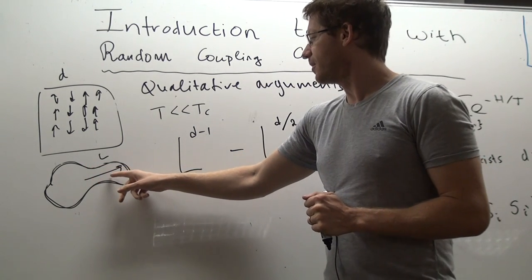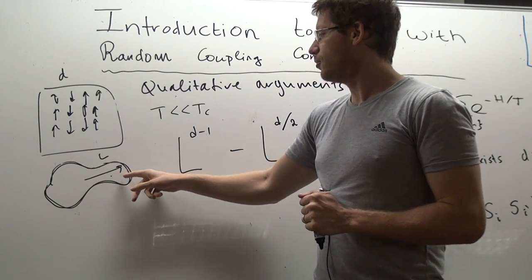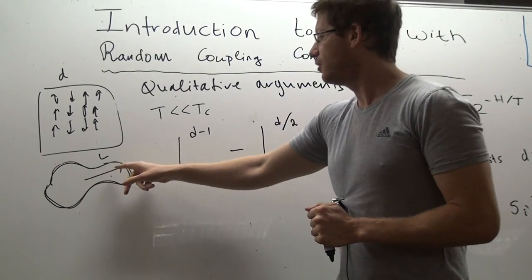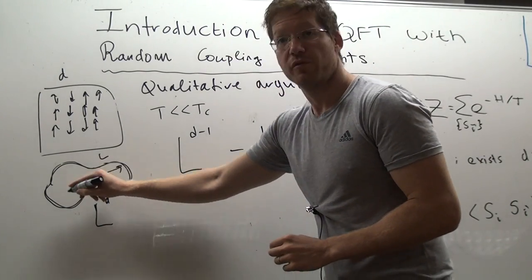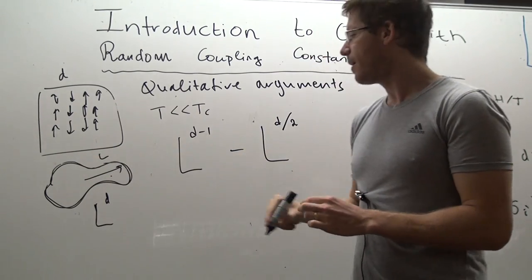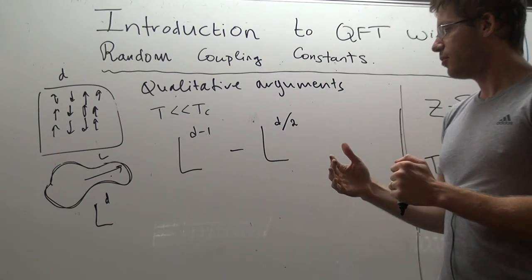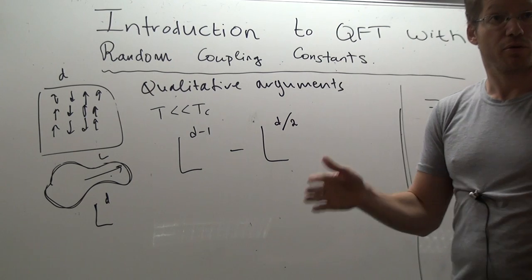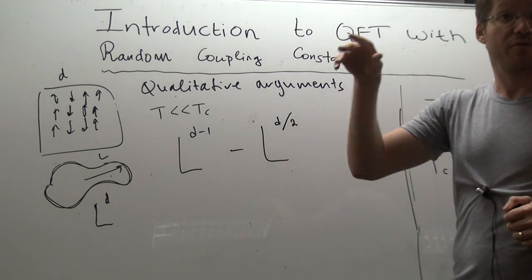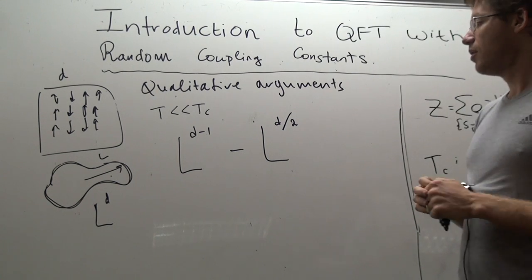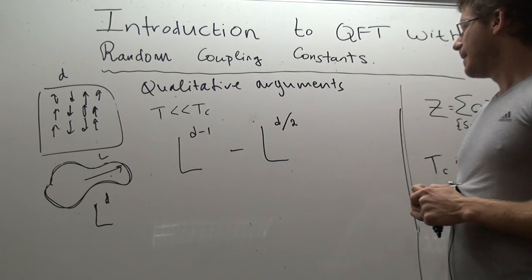There is a random variable sitting at every point, and you need to sum L to the power d random variables, because there are L to the power d points. But because they're random, as you know, the variance goes like the square root of that. This is why there is d over 2. This is the famous square root of n variance of a Gaussian, of a sum of many random fields.